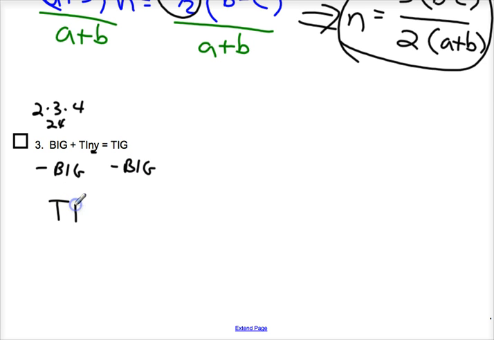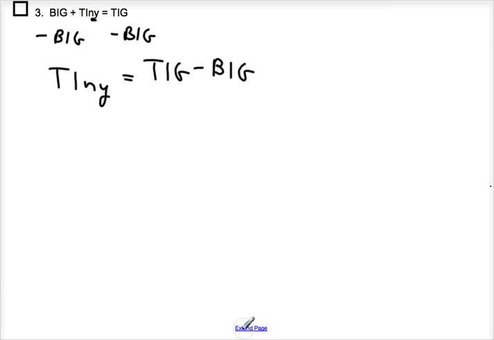So now I have TINY equals TIG minus BIG. Okay, now we've got to finish up isolating the n. I got to get rid of the T, the I, and the Y. Well, what's happening here is the T, I, and Y are all being multiplied onto the n.